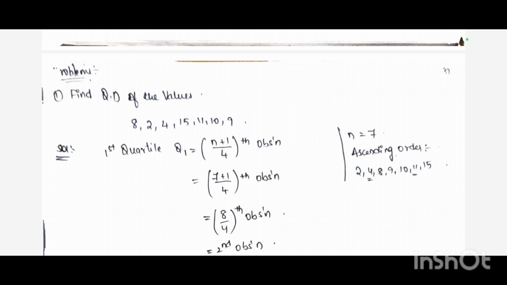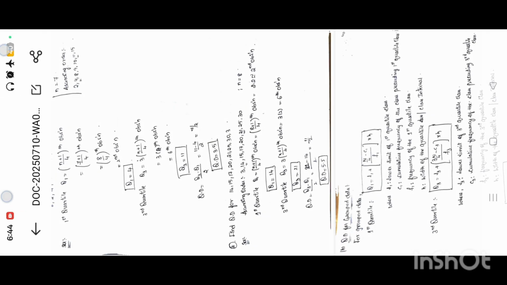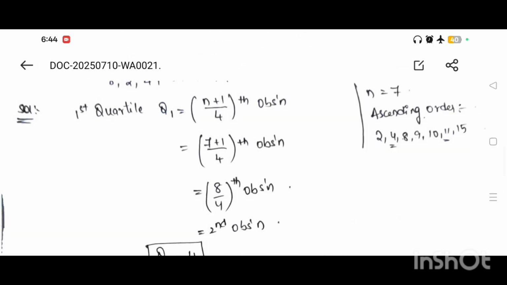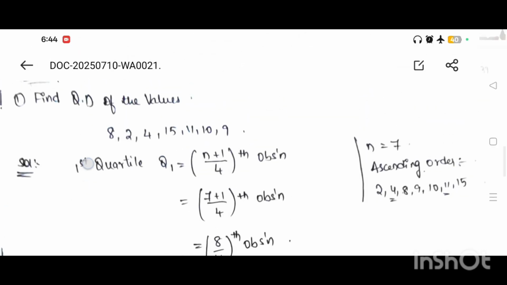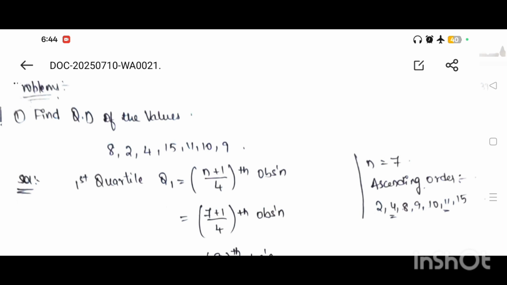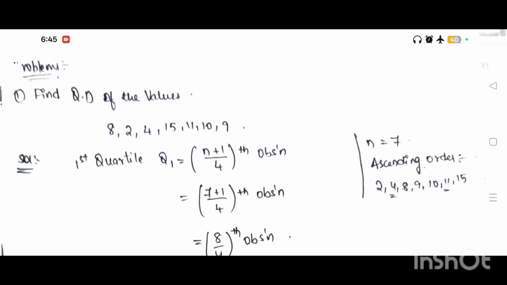Here the given observations are 8, 2, 4, 15, 11, 10 and 9. After arranging in increasing order, the observations become 2, 4, 8, 9, 10, 11, 15. From that I need to calculate the quartile deviation, starting with Q1.